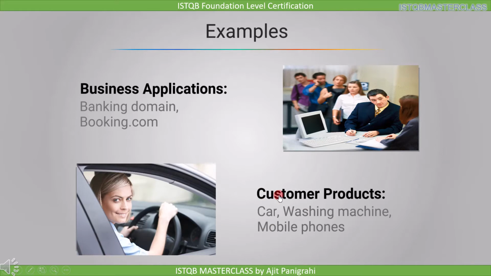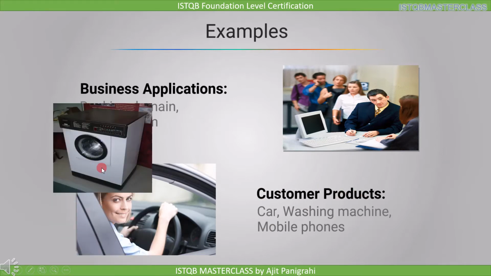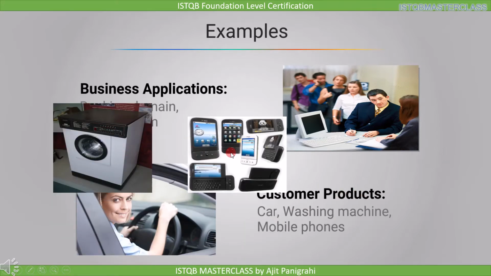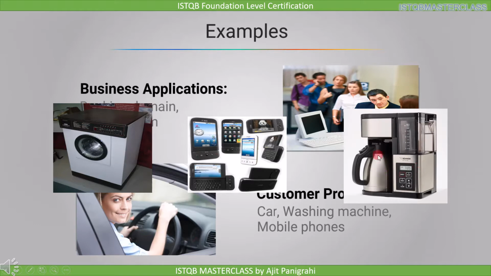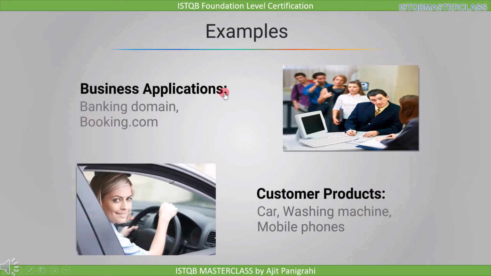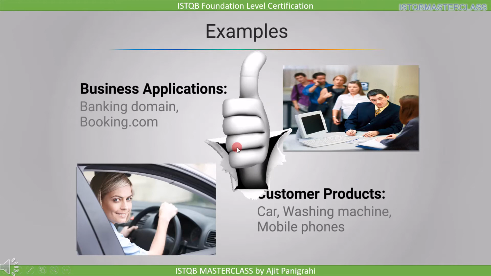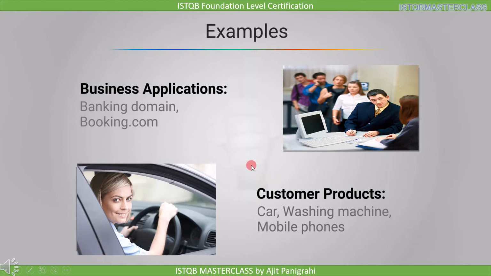And the examples of customer products are washing machine, mobile phones, or coffee maker machine. They all contain software within them. So what is our expectation from these softwares? Our expectation is they shall work correctly whenever we use them. And to ensure this, testing of software is required.